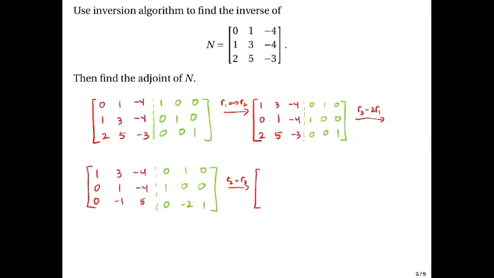So 0 plus 0, that's still 0. I am changing row 3 in here. So just to be consistent with my notation, I will interchange these two. So row 3 plus row 2. So I am changing row 3. I am using row 2.